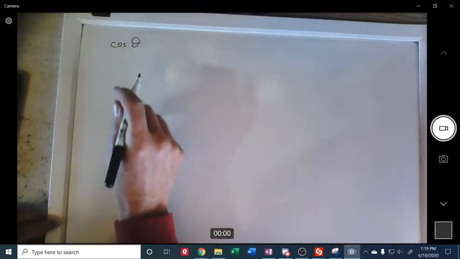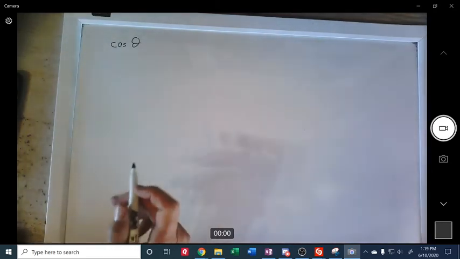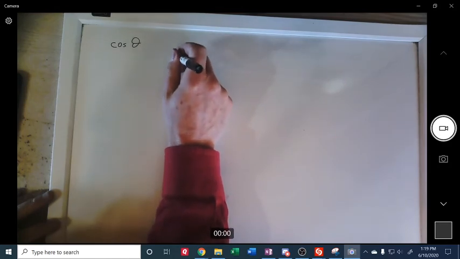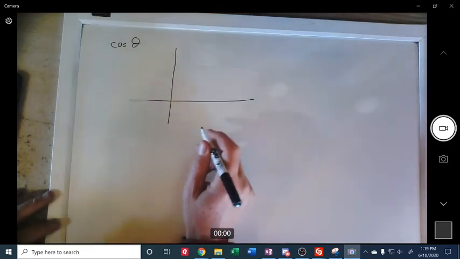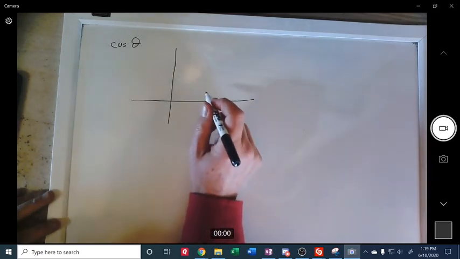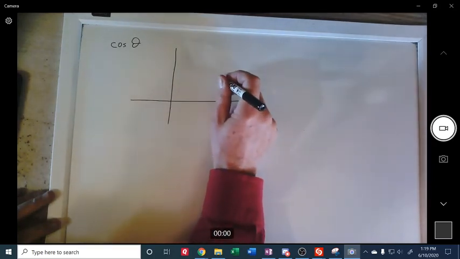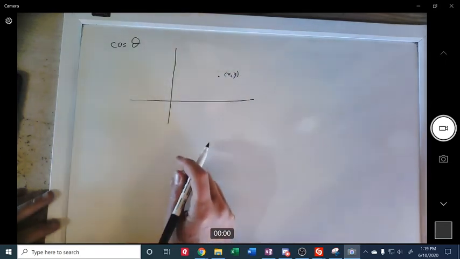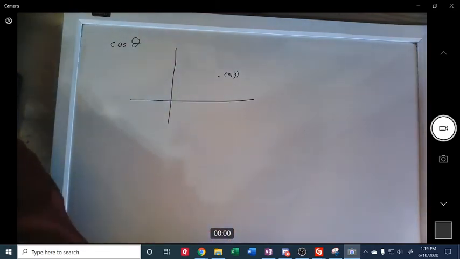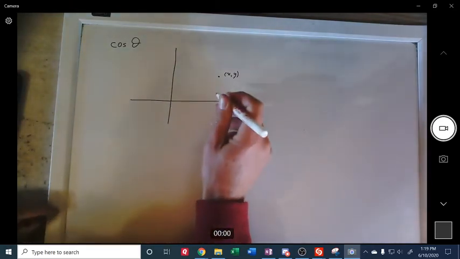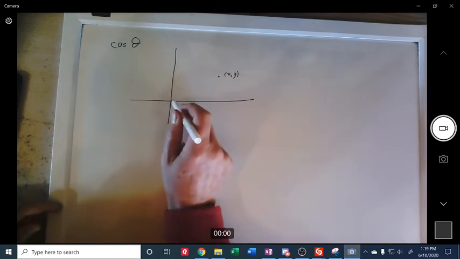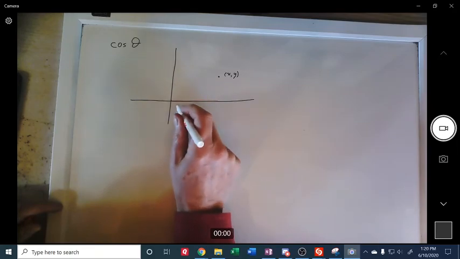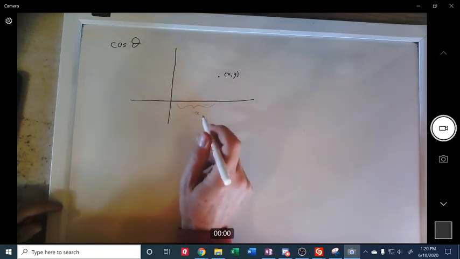The cosine of an angle theta. The original definition is if you take a point x, y in space, then as you start at the origin and you move to the right, this distance is x.